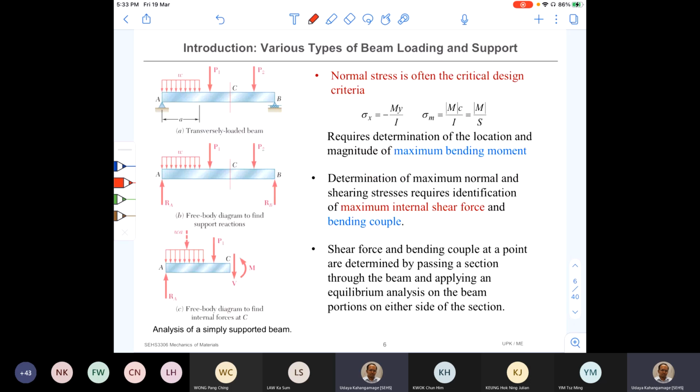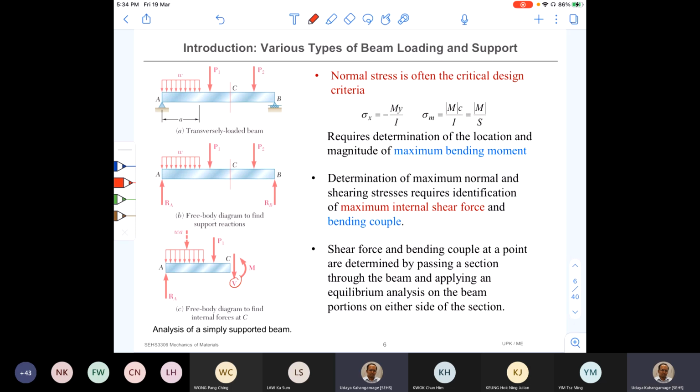So when designing a beam, the first thing that we need to know is what the maximum stress is and what the nature of that stress is. Is it a shear stress or a normal stress? For a beam, the most dominant stress that we need to pay attention to is the normal or axial stress due to bending moment. There's a shear force, right?